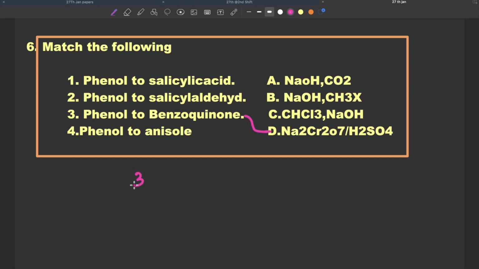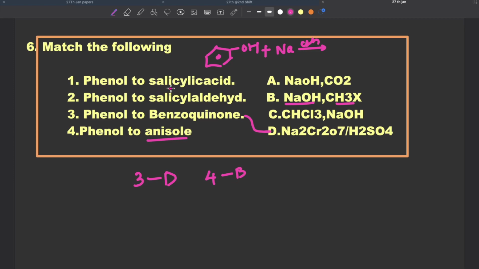So 3 goes with D. Phenol to anisole, when phenol reacts with sodium metal followed by methyl chloride, that is sodium hydroxide plus methyl chloride. So 4 matches with B.